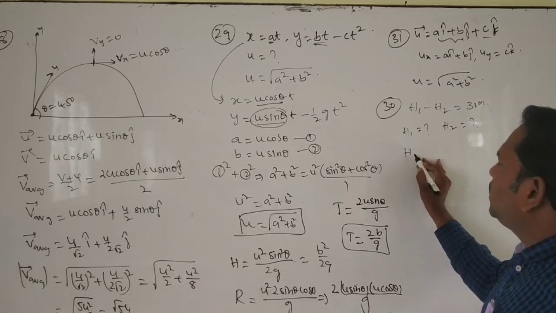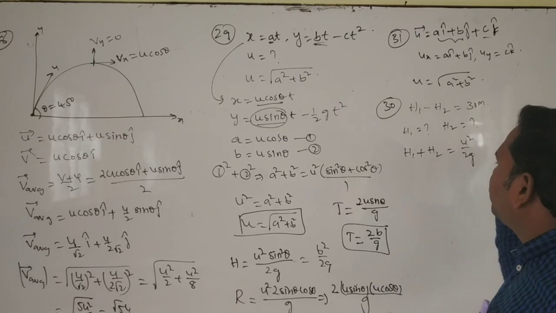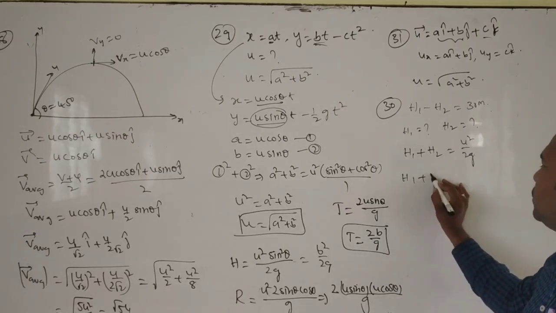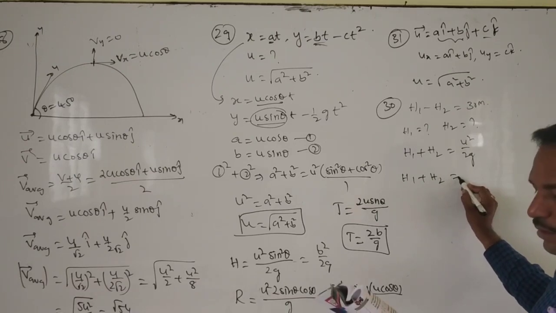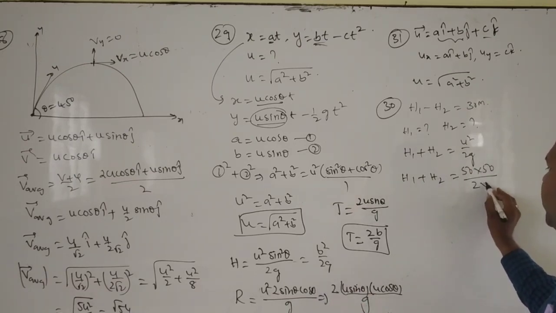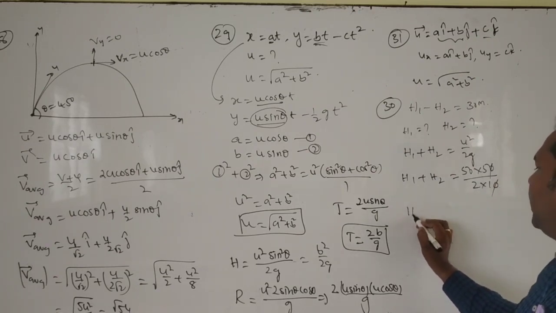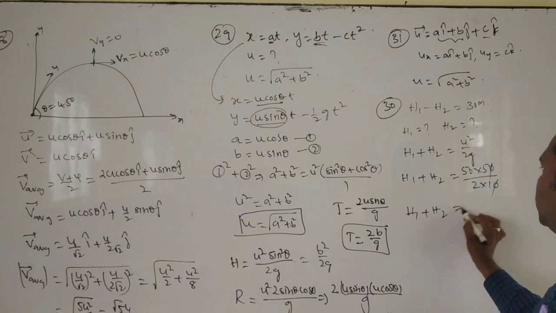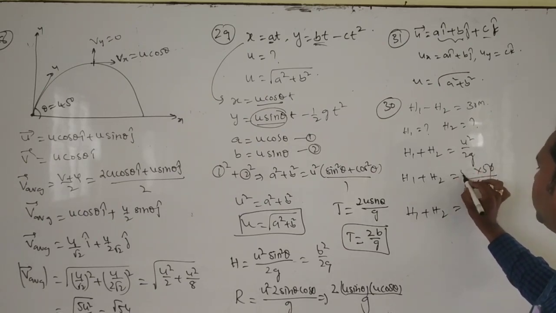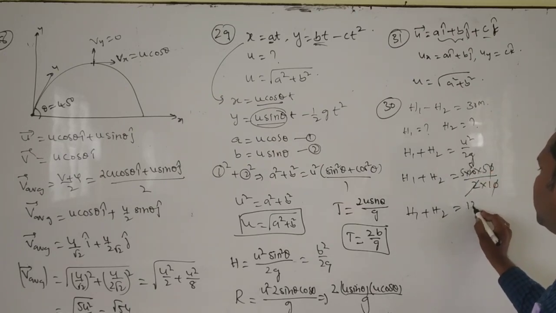So h1 plus h2 equals u square by 2g, which is the formula for complementary angles. So h1 plus h2 equals 50 into 50 by 2 into 10, which is 125.